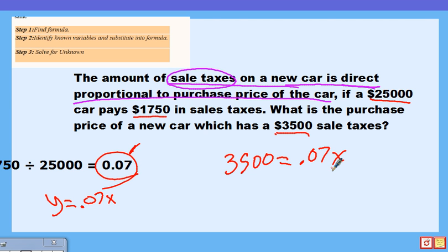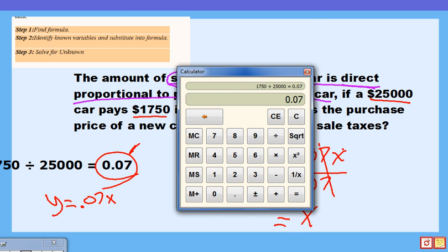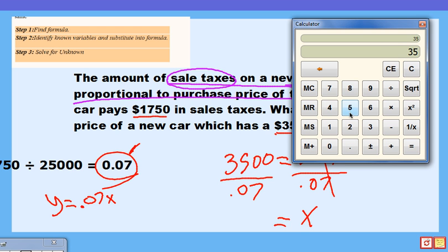I'm looking for the independent variable, which is the price of the new car. I divide both sides by 0.07. This cancels out. The price of my new car is, on the calculator, 3,500 divided by 0.07. The price of my new car is $50,000.